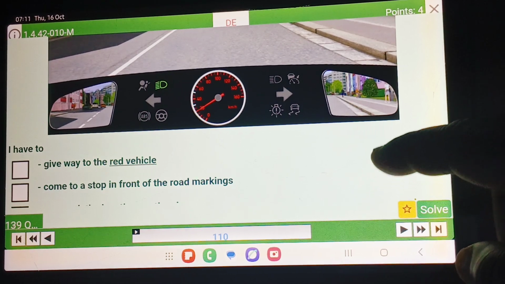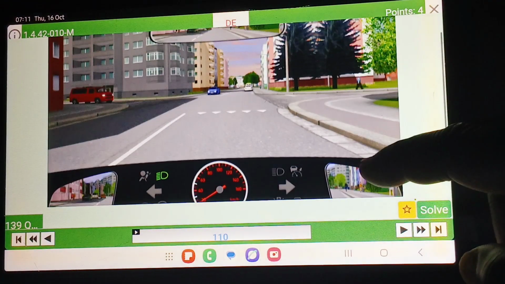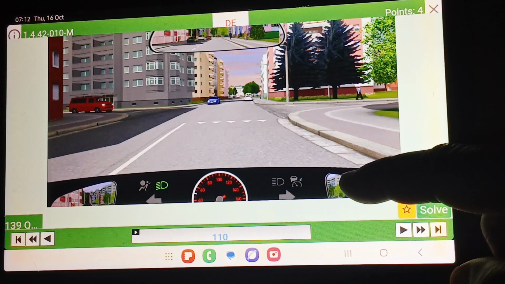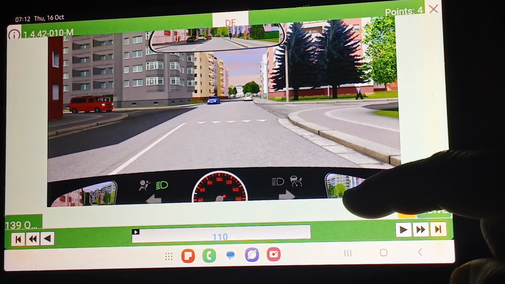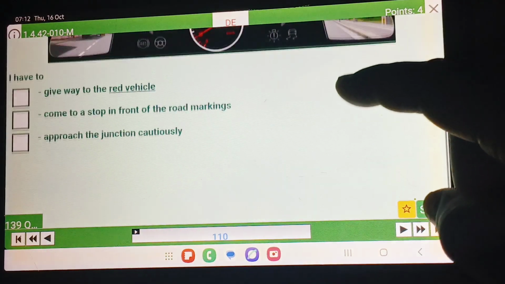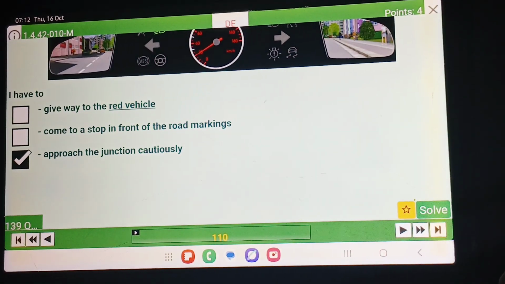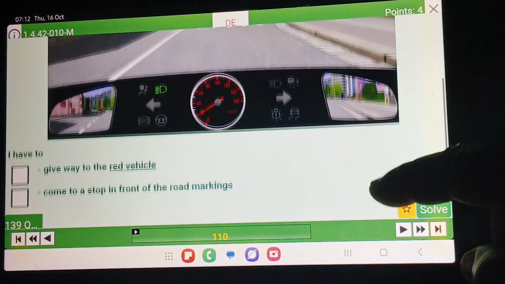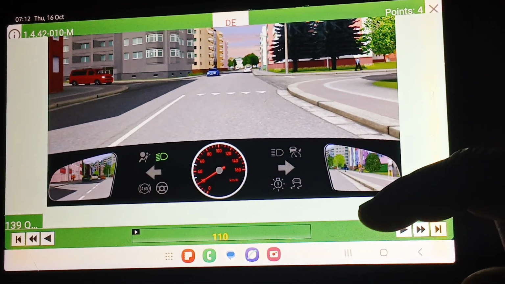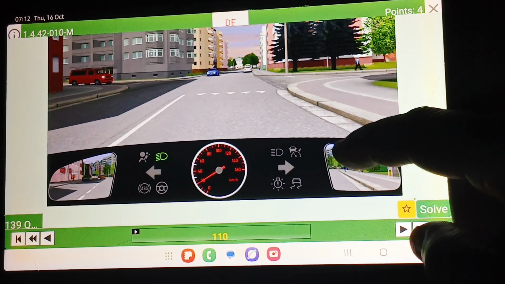Do I have to come to a stop in front of the road marking? No, they are not asking you to stop. The only time you stop is if there's a vehicle coming out from your right. What you do is you approach consciously at a moderate speed. The reason you approach with a low speed is so that you can easily stop if a vehicle is coming from your right.